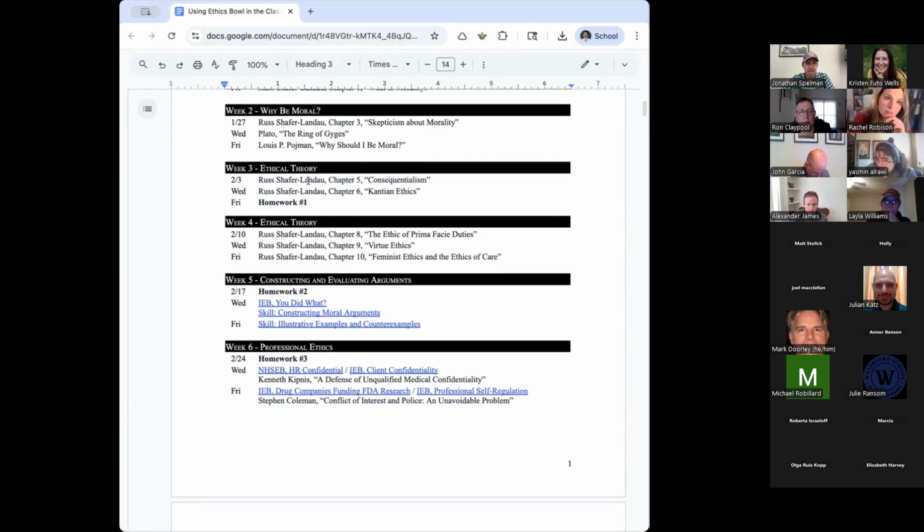Then in weeks 3 and 4, we talk about various ethical theories. Here you see I'm talking about 5 different ones. We're using Shafer-Landau's textbook in this class across all the sections, but obviously you can use whatever textbook you like. Different people like to do this differently.